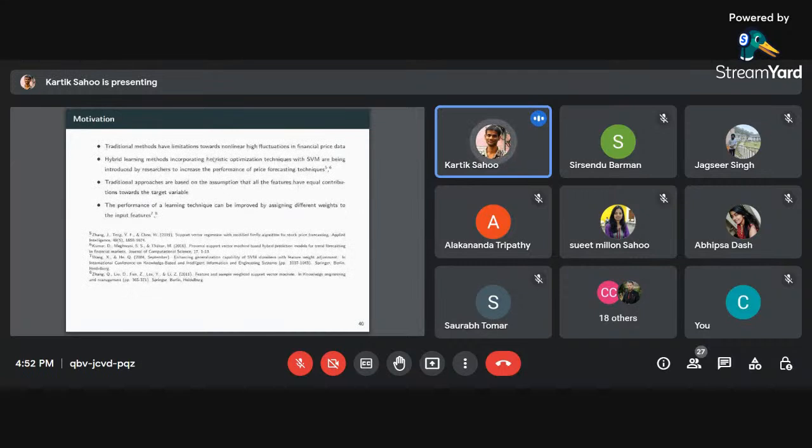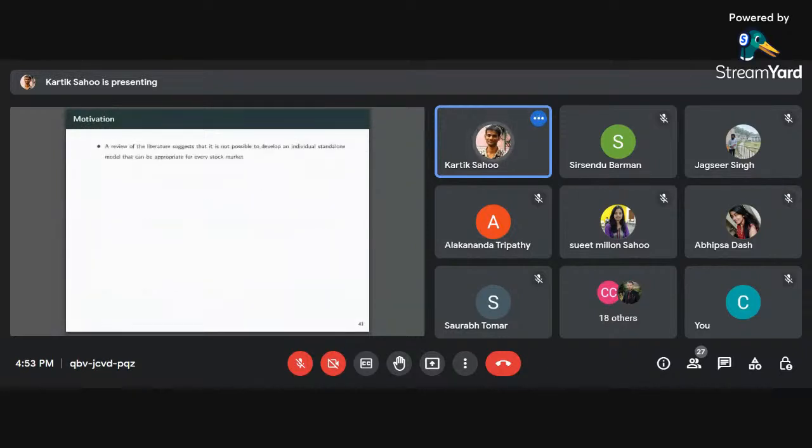This motivation tells about using feature engineering techniques for a hybrid learning algorithm instead of just using any machine learning algorithm. Suppose what we find, as I have told you earlier, is that an individual standalone model cannot be used for every stock.